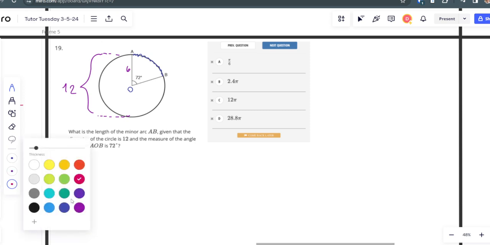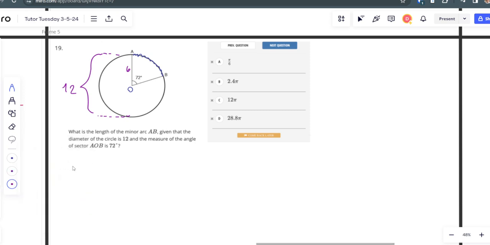and the measure of this angle is 72 degrees. For this one, you might just need to remember the arc length formula. So S is equal to x degrees out of 360 times 2 pi r. Really arc length is just a smaller portion of the circumference. So we take the circumference 2 pi r and we multiply it by x over 360. That's the proportion of the circle that we're currently taking up.